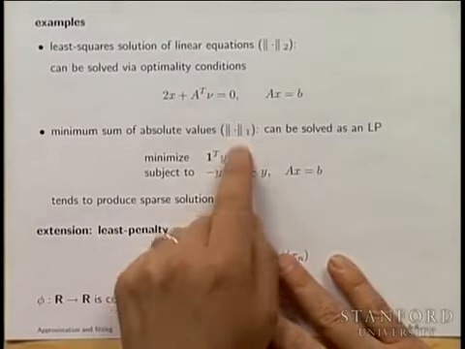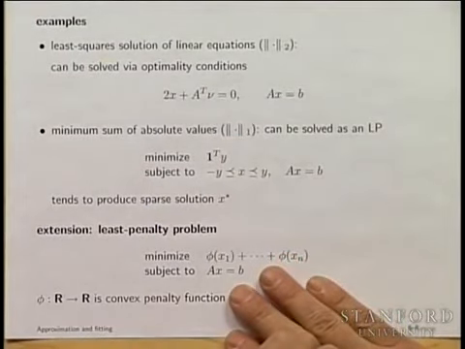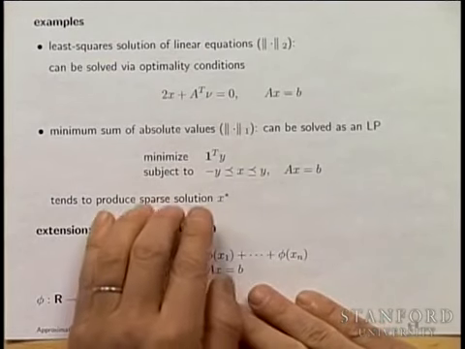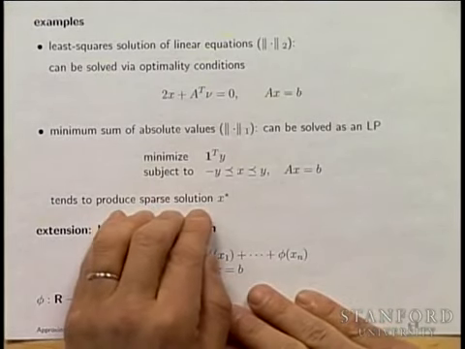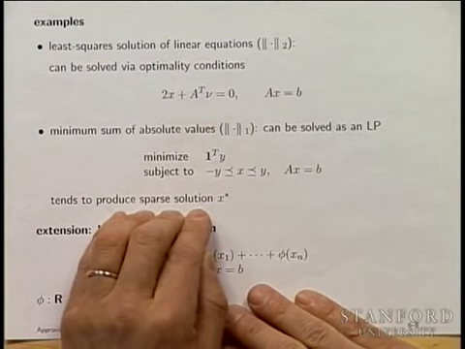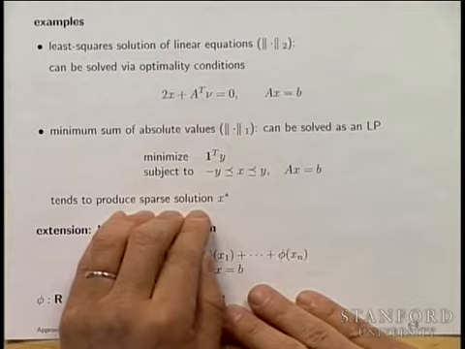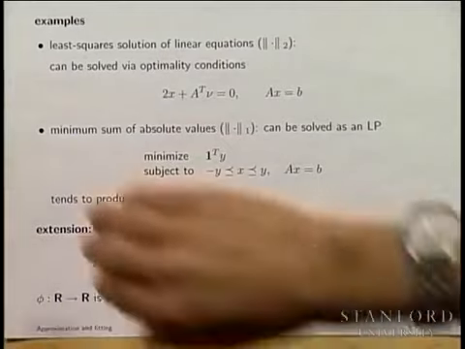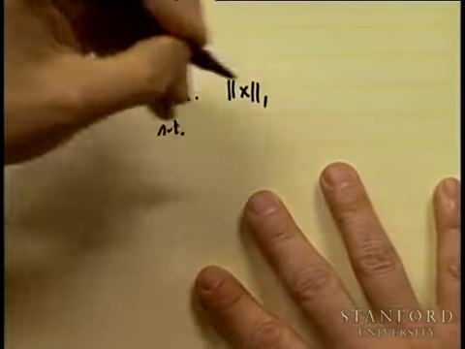In the L1 case, it's actually quite interesting because when you minimize the one norm of x subject to Ax equals b, you get a sparse solution. You get a sparse solution of a set of linear equations. By the way, there are now, I would say, every 3 days, maybe more, a paper appears on this topic.